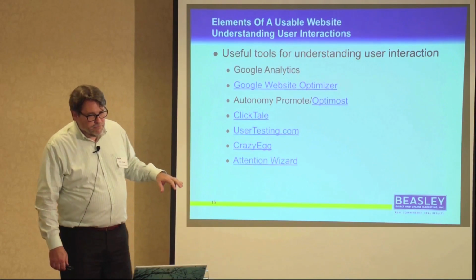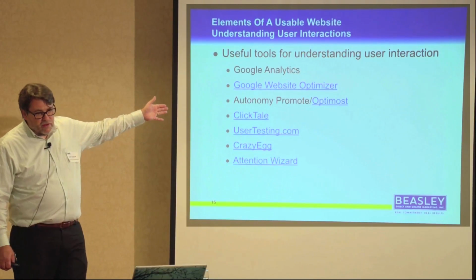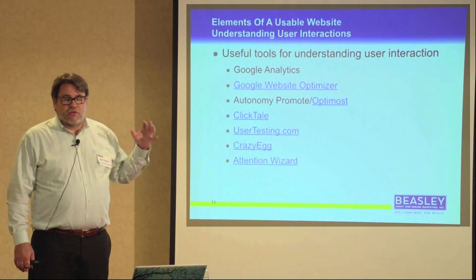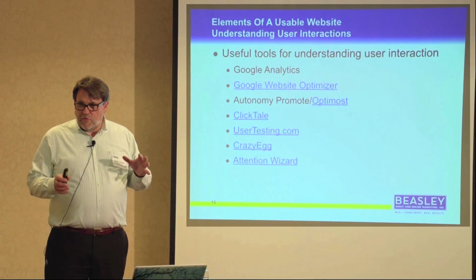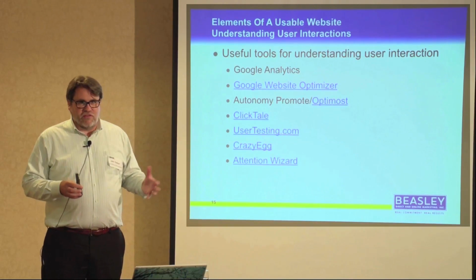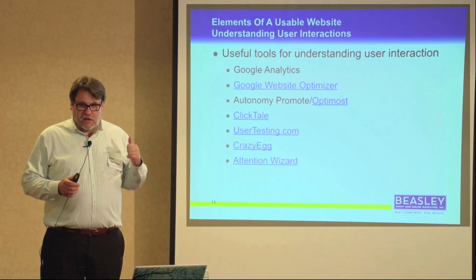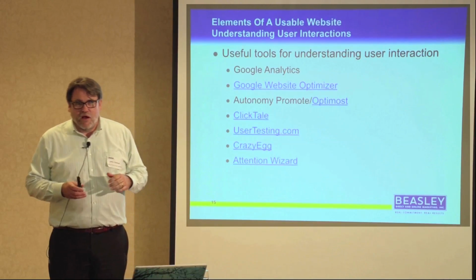All right, some tools we use, Google Analytics we've mentioned. There's something called Google Website Optimizer, which will allow you to add and change elements of your website and do multivariant testing on the fly. It's a fairly, dare I say, cool little offering from Google.